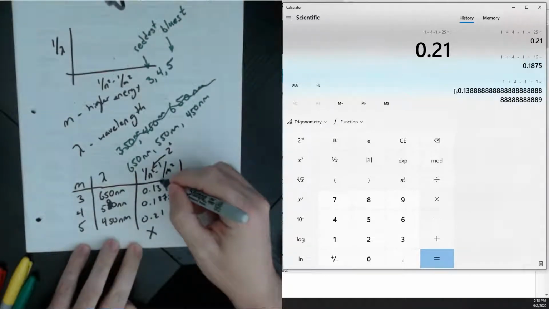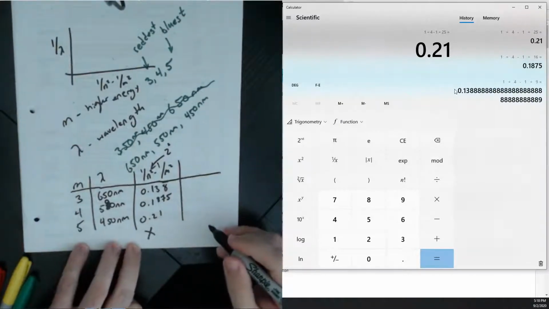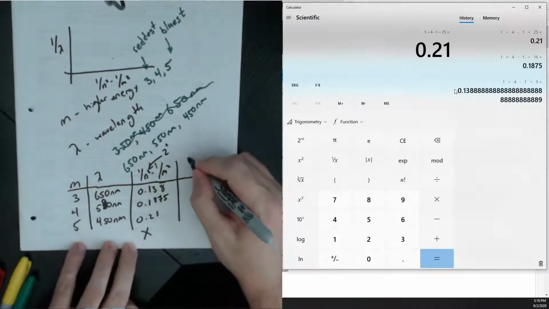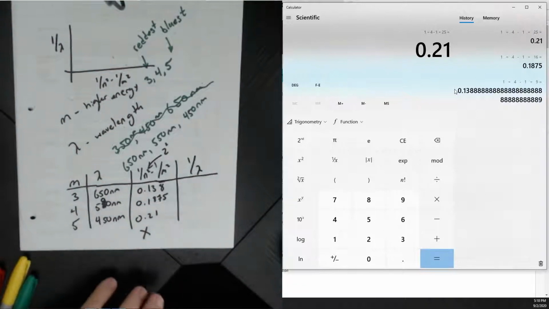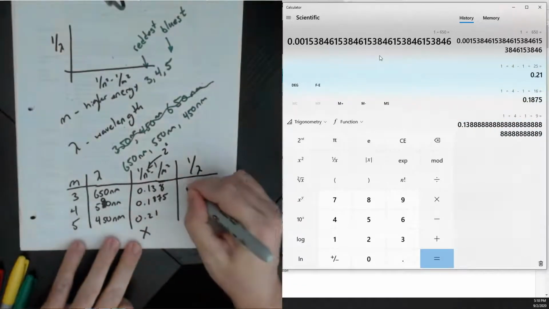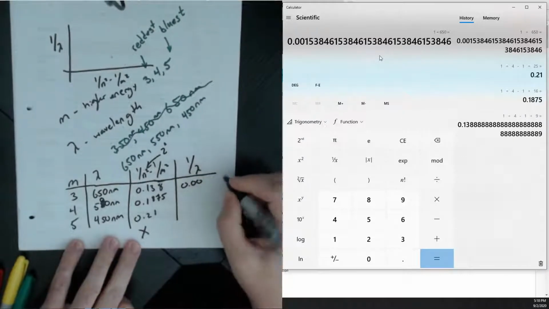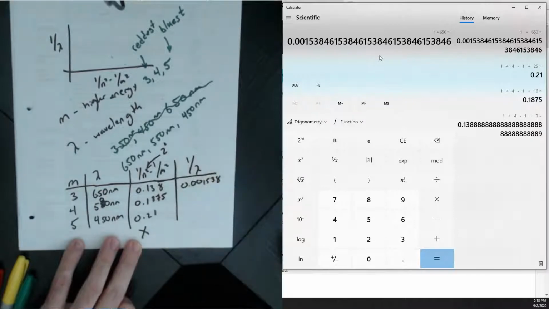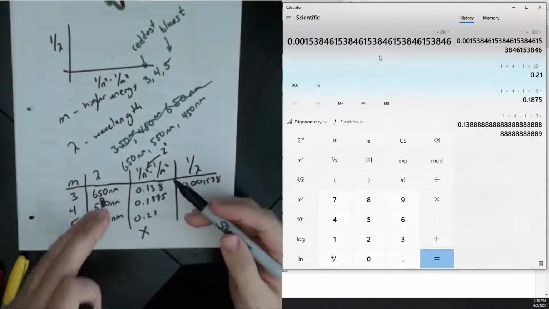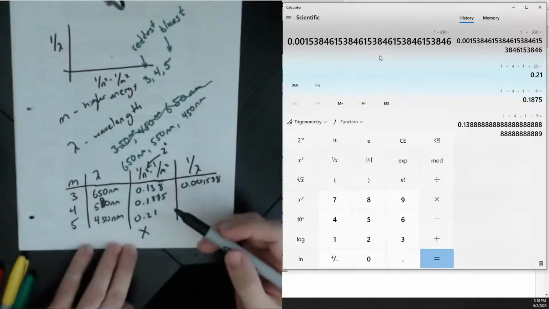Now, your y value would be 1 over lambda. So that really straightforwardly is just going to be 1 divided by 650 is 0.001538. Okay. I don't know how many significant figures you'll actually have in your values.